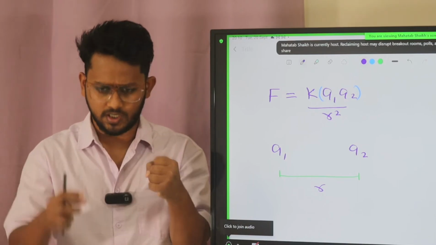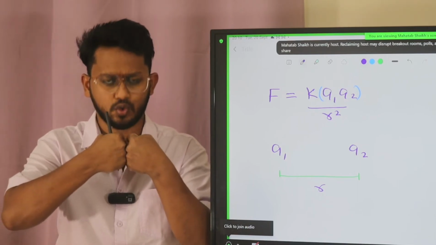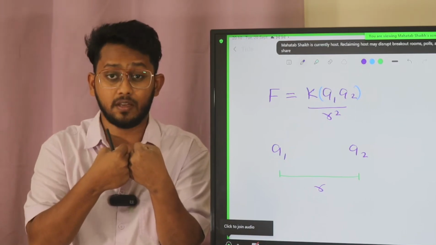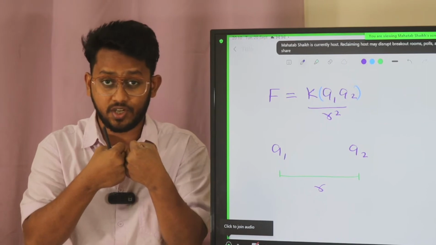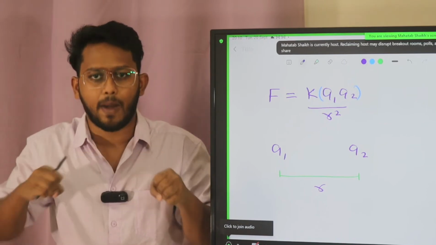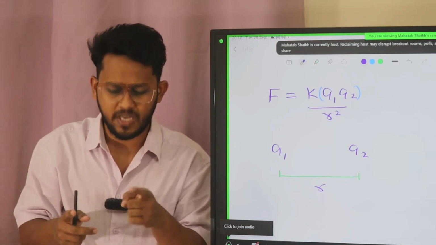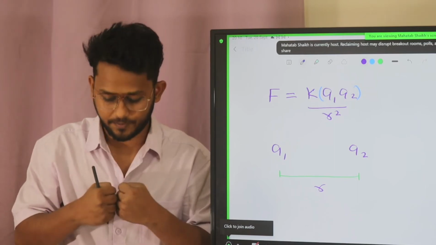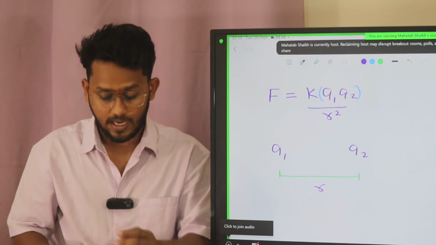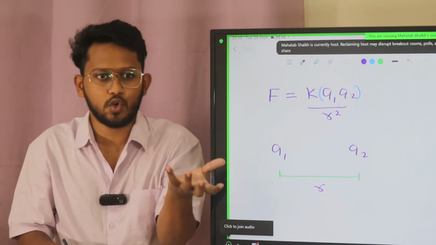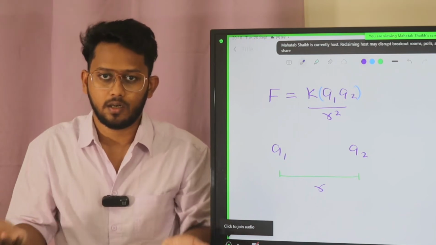Suppose you have a positive charge and a negative charge quite close to each other, almost touching, they will be trying to attract each other. If you try to pull them apart, you will need a tremendous amount of force. The reason being they are quite close to each other, right? Now when you talk about charges, if you double one charge, suppose Q1, then the force will also be doubled.